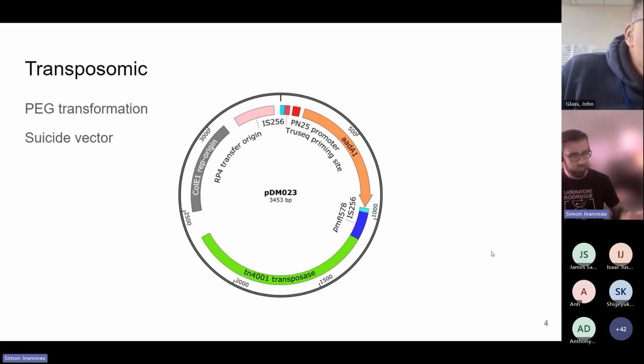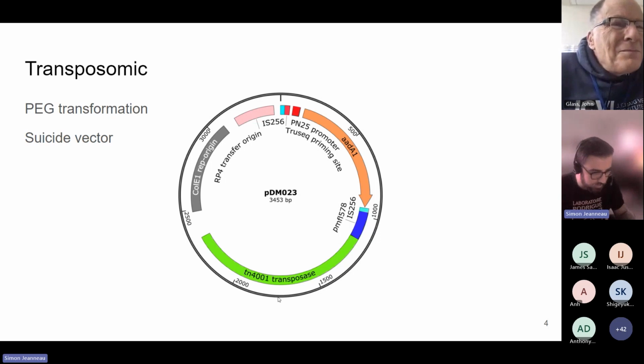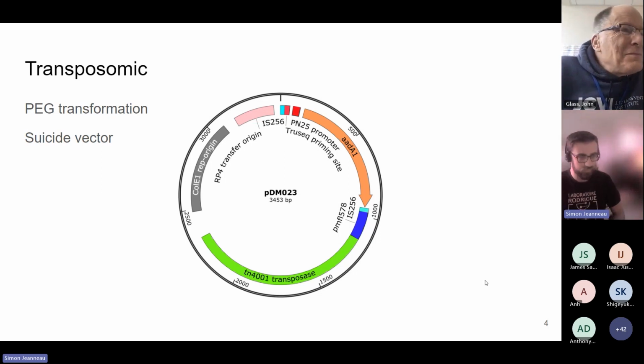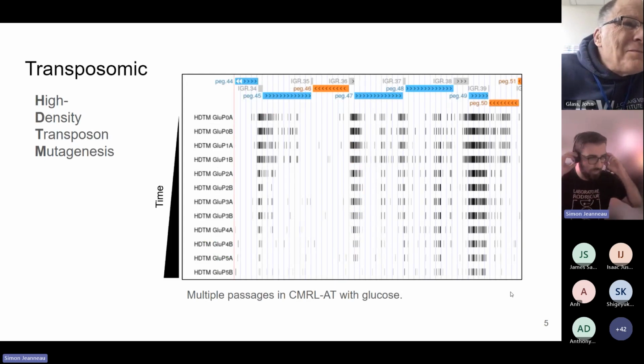So it's quite a nice technique to have, and for details, we're using the TN4001 transposase. But the technical wet lab work is done by now. I'll talk only about bioinformatics from now.